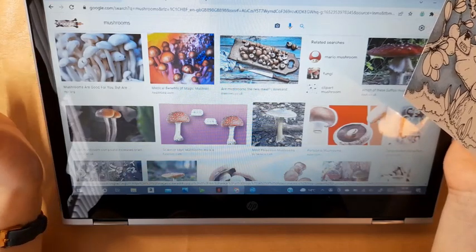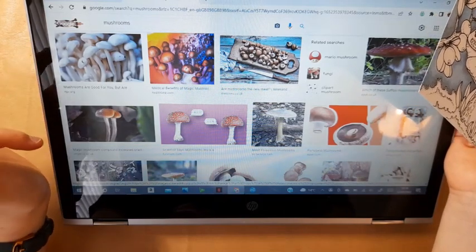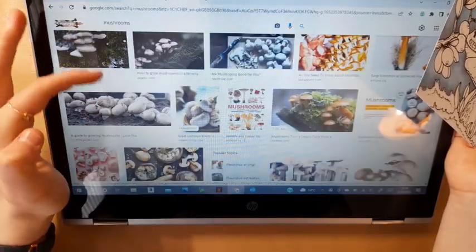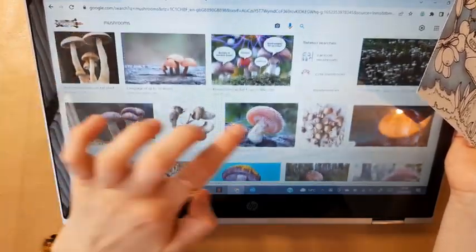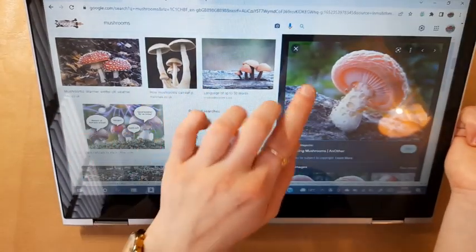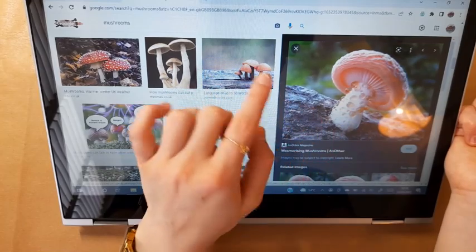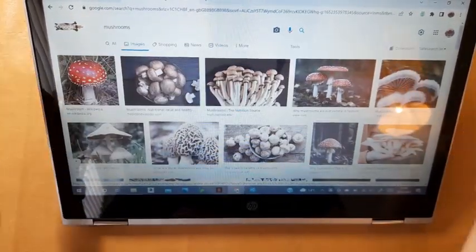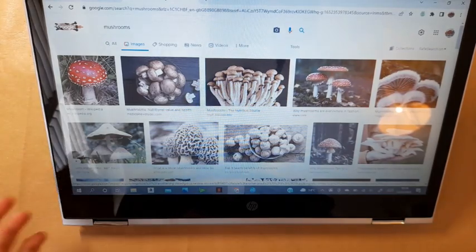So I definitely will be having a look at that and seeing what I can come up with. So I may use pictures that I've found here on the internet. I mean, this is a really cool sort of picture, and I've used that before as a reference, but I'm going to have a look and just see what I can gather and come up with. So let me move this out of the way.